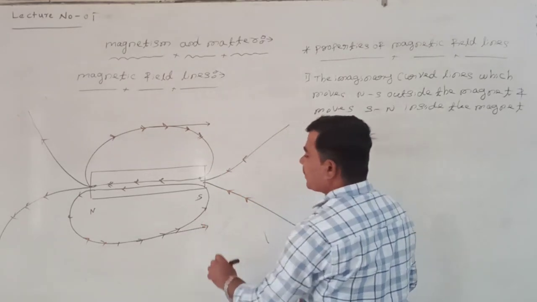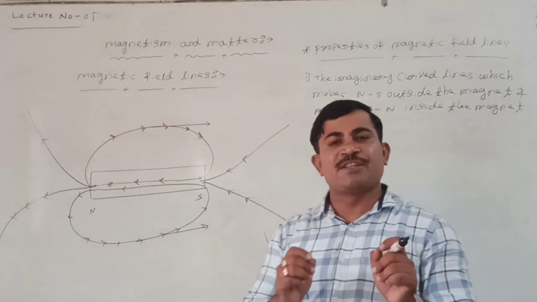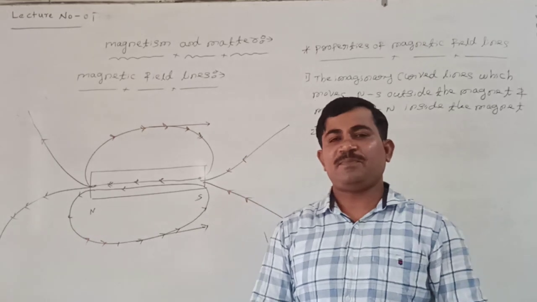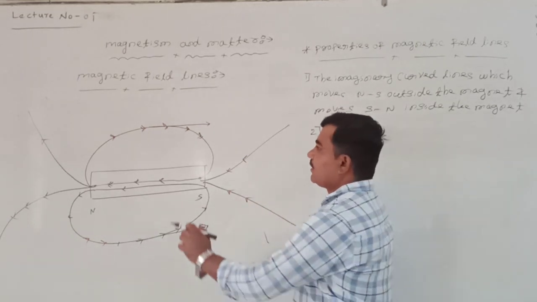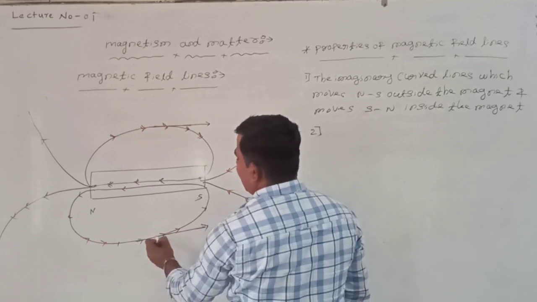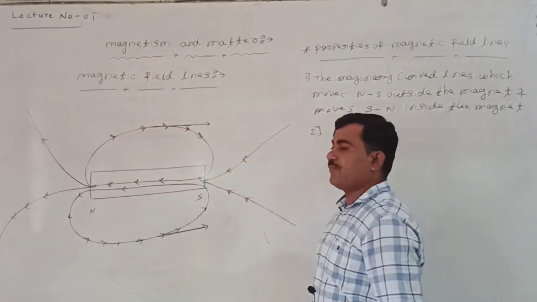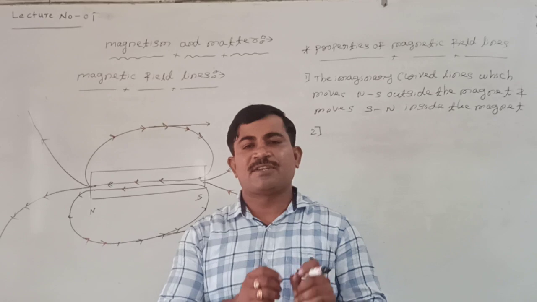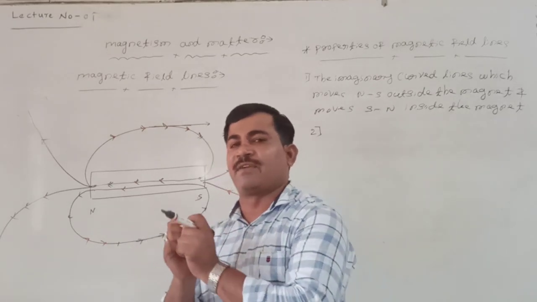What is the second property? The tangent drawn at any point to the magnetic field lines indicates the direction of the magnetic field.